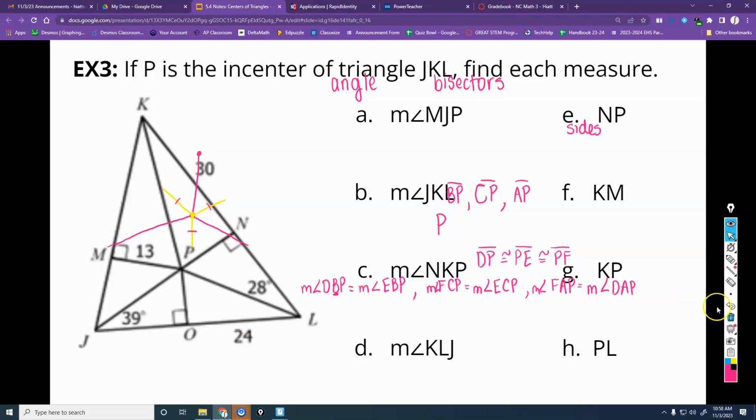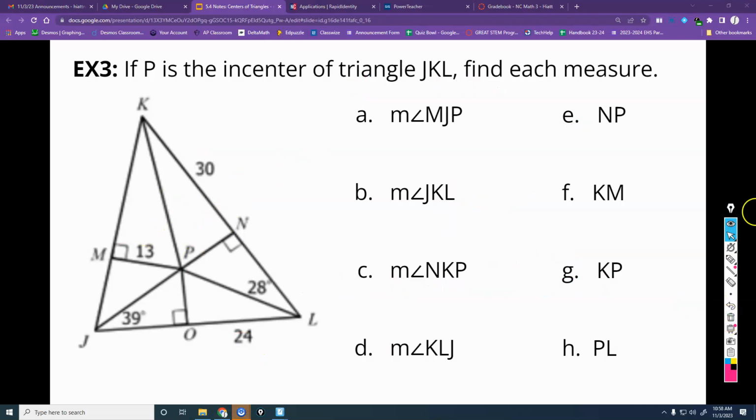Okay, so a similar problem to the one we had before, but this time we know the incenter. So this is the incenter. The incenter, I know, is going to be comprised of angle bisectors, these lines that cut the angles of the triangle in half.